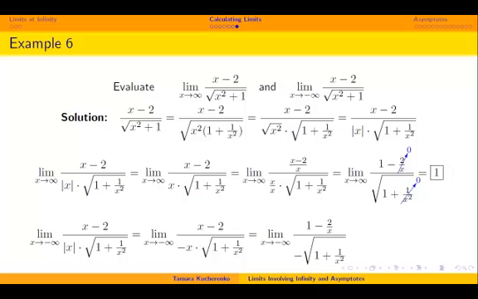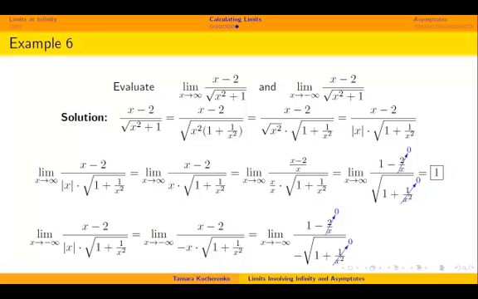We obtain 1 minus 2 over x divided by negative square root of 1 plus 1 over x squared. As x approaches negative infinity, 2 over x tends to 0, and 1 over x squared tends to 0.